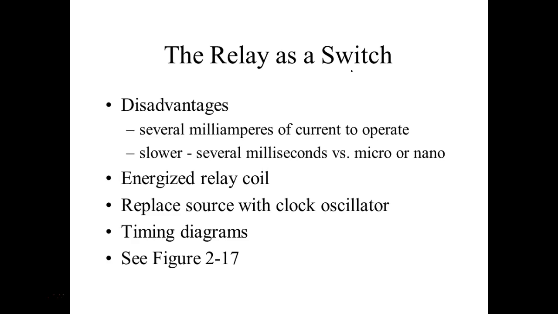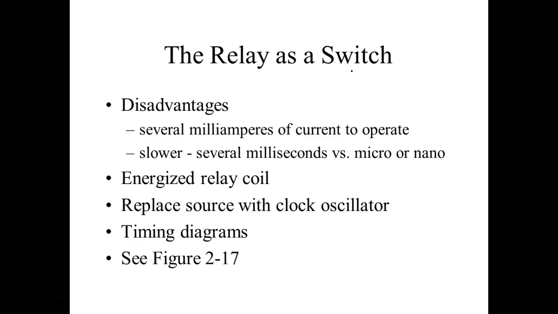So this computer right here is running up in the gigahertz. I've got to do ANDs and I've got to do ORs. I can't do it with relays. We have some of our PLCs that have relay outputs. So this is an Allen-Bradley PLC. It has relay outputs.